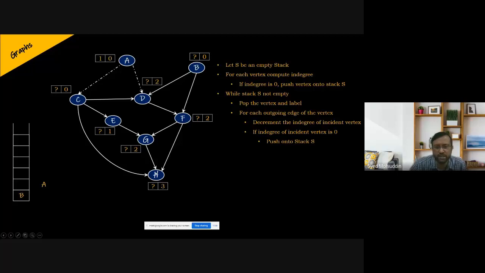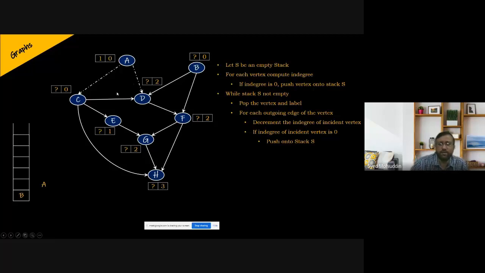The rest of the in-degrees don't change, because those are not outgoing edges from the vertex. So we label the vertex and we decrement the in-degree, because we say that edge is gone.